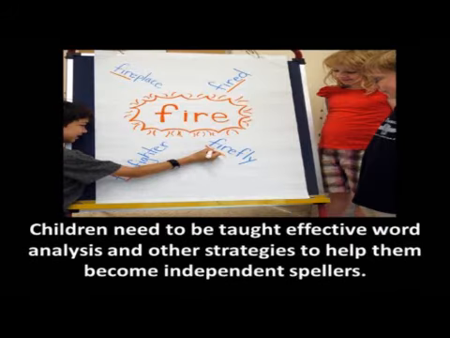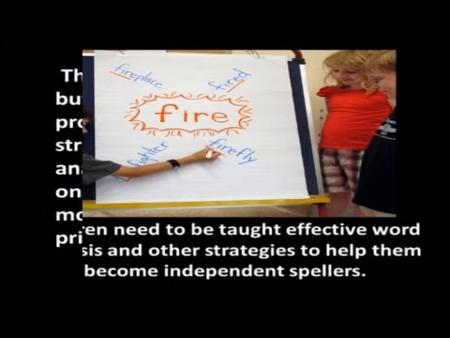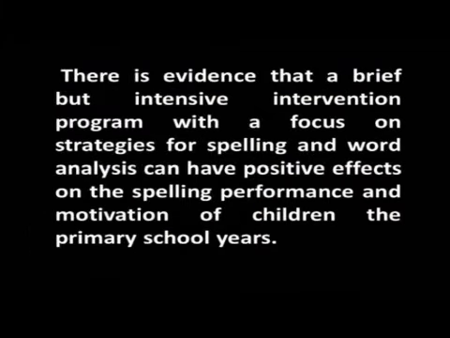They believe that children need to be taught effective word analysis and other strategies to help them become independent spellers. There is evidence that a brief but intensive intervention program with a focus on strategy for spelling and word analysis can have positive effects on the spelling performance and motivation of children in the primary school years.